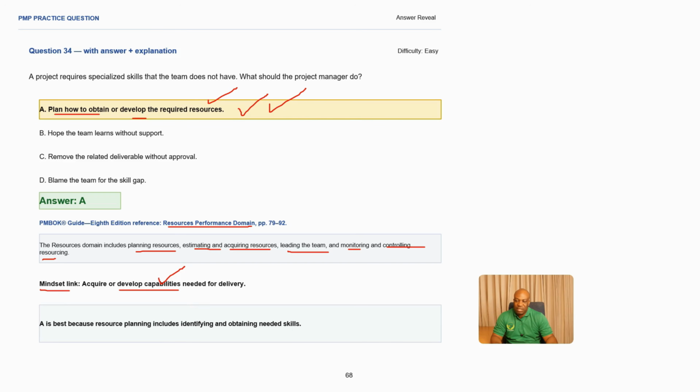This is very important, needed for delivery. In this case, the team doesn't have a specific skill, right? So what should the project manager do? You need to develop the capabilities which are lacking in the team, making A the best answer, because resource planning includes identifying and also obtaining needed skills.